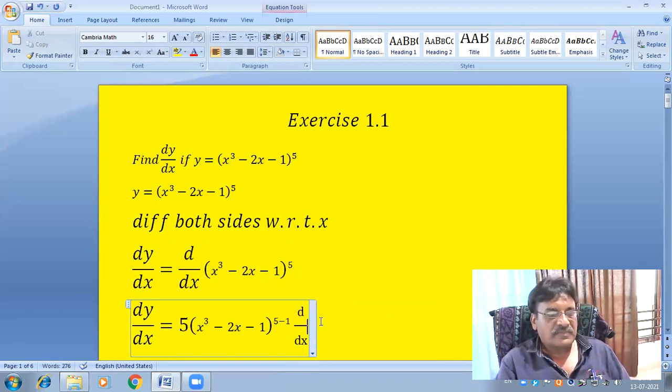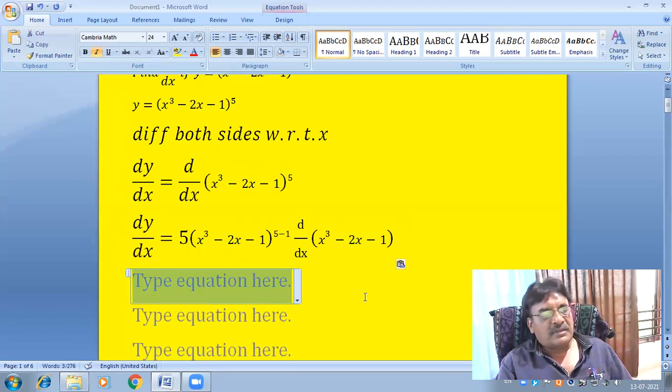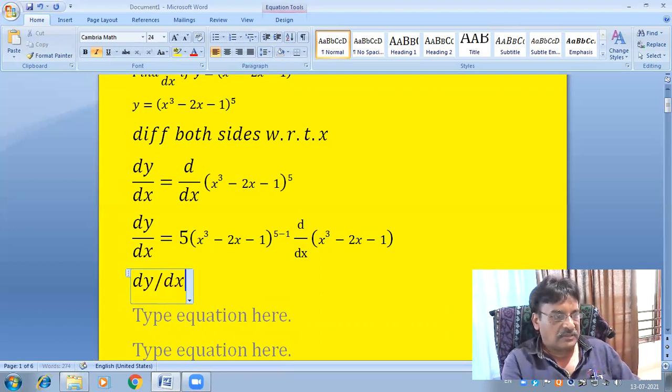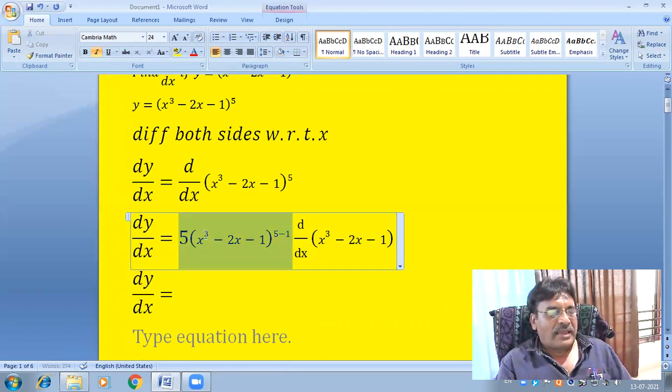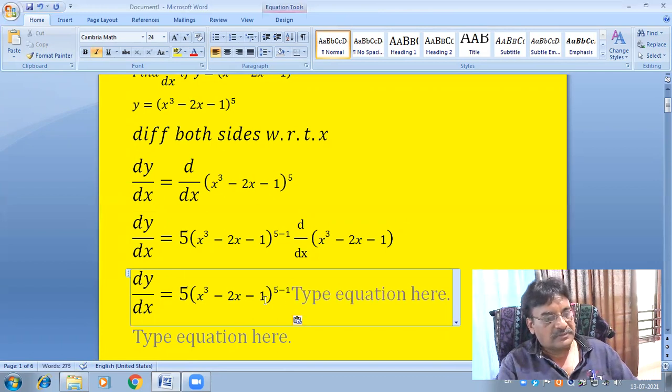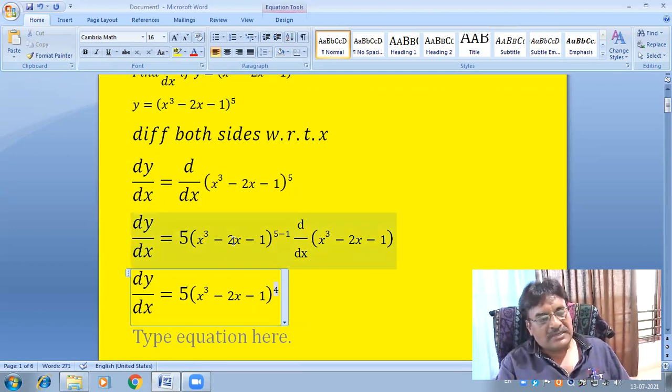Therefore dy by dx is equal to 5 (x cube minus 2x minus 1) to the power 5 minus 1, that is 4. Five minus one is 4, so we write 4.